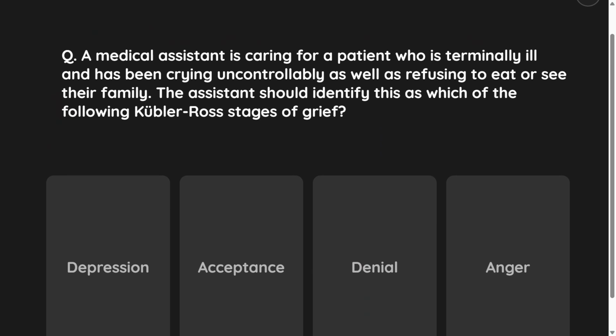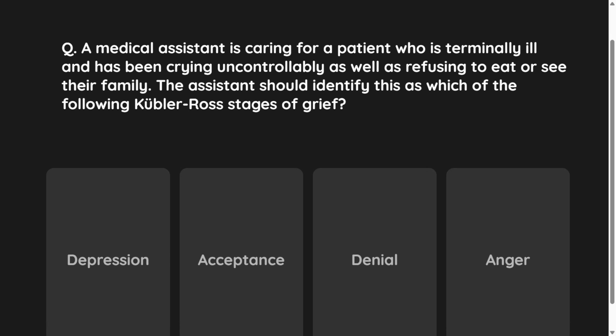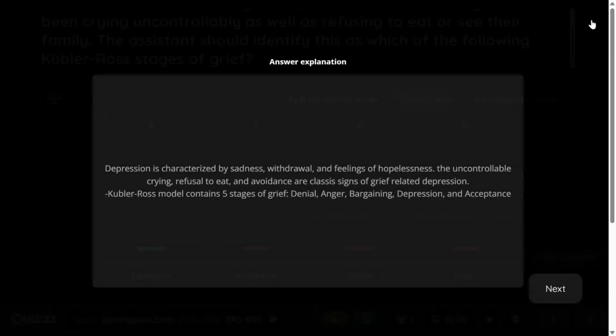Kubler-Ross has developed 5 stages of grief, and your patient is crying uncontrollably, and they are refusing to eat or see their family. What stage of grief would you consider this to be? If you said depression, you are absolutely correct. Depression is characterized by sadness, withdrawal, and feelings of hopelessness.